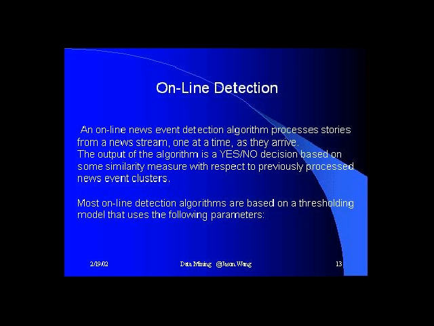One cluster corresponds to one existing event. Is that clear? So you have a bunch of events there. Now you keep on listening to new stories, new news, okay? And the algorithm will tell you yes or no, based on some similarity measures with respect to previously processed news event clusters.